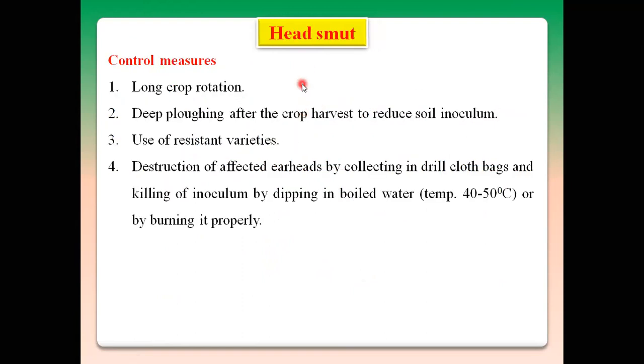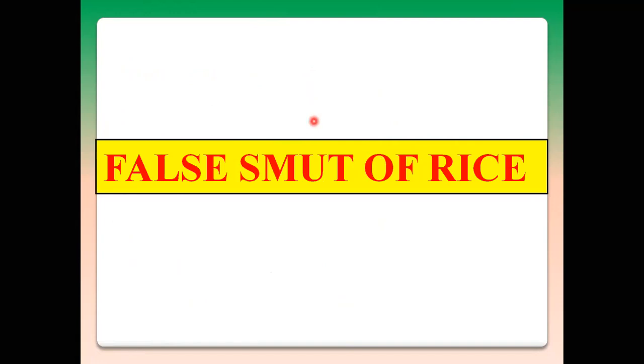Then head smut, okay. So these are the management points to be considered to avoid infection of the head smut pathogen to the sorghum plants, which produces head smut disease. Okay, so this is the basic information regarding the grain smut, loose smut, long smut, and head smut.